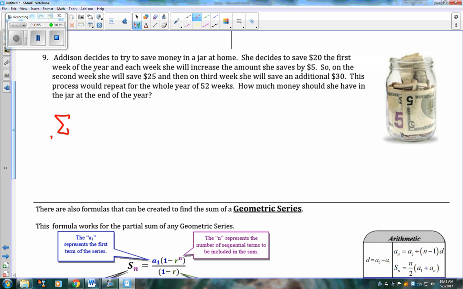The difference is 5. It would be 20 plus 5, and 5. So 5 is the difference. So it's 275.